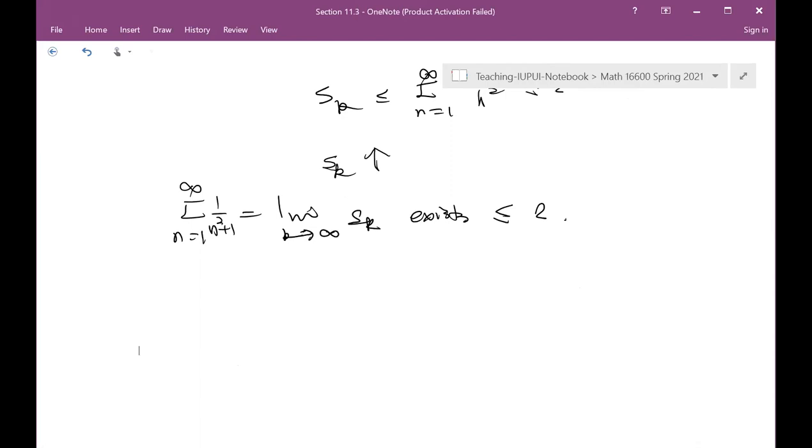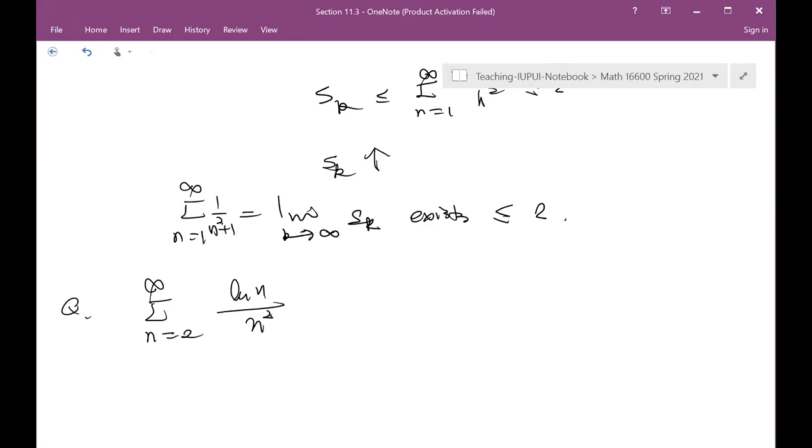So take a look at this one. When I look at this, I can tell you immediately this is convergent. How do I know it? Can I even estimate it? The reason is natural log compared to n.